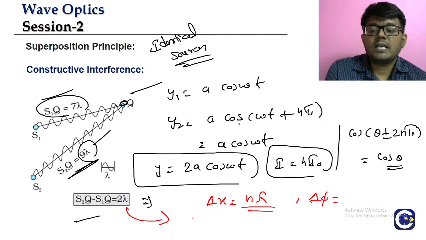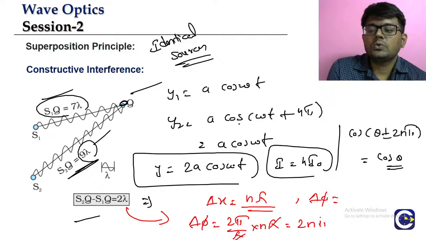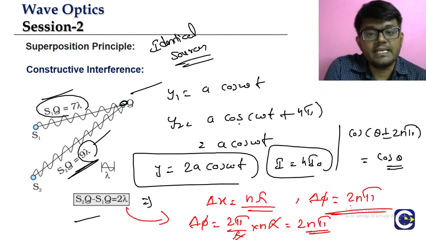Path difference of n lambda means the phase difference will be 2 pi by lambda into n lambda. Lambda cancels. What is it? 2n pi. The corresponding phase difference will be 2n pi, n is an integer.